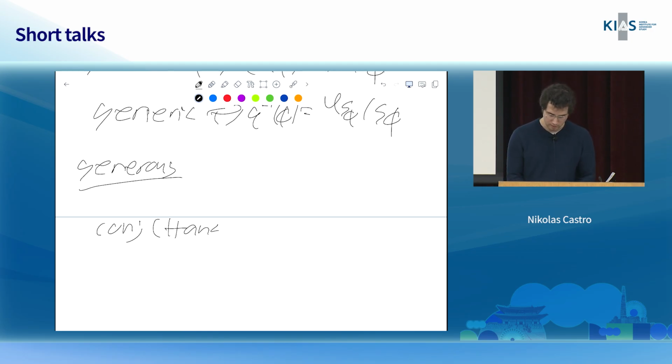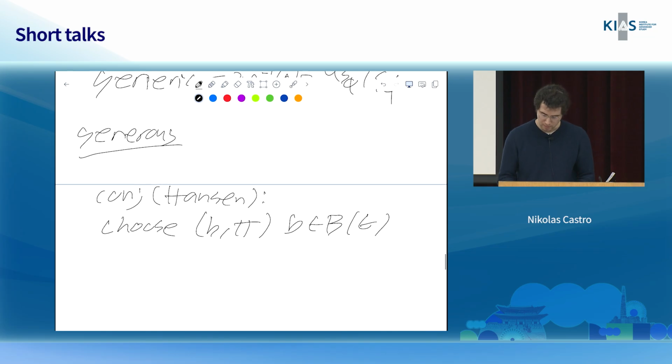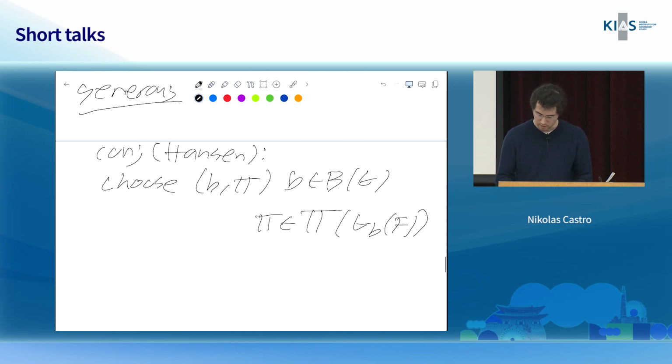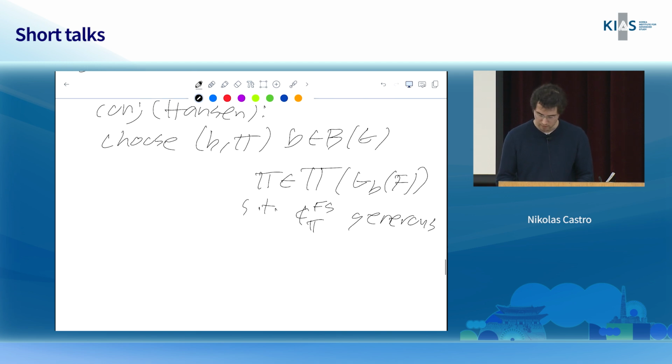So a conjecture of Hansen is: choose B and pi, B in the Kottwitz set of G, pi an irreducible representation of G_b(F) such that the Fargues-Scholze parameter is generous.